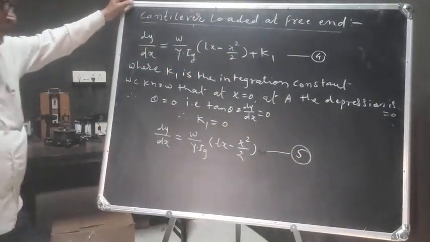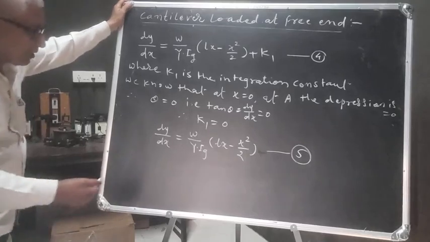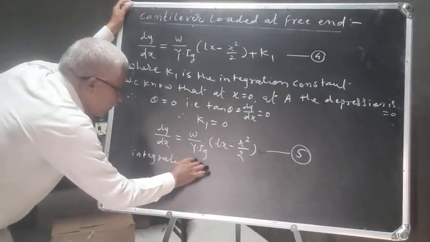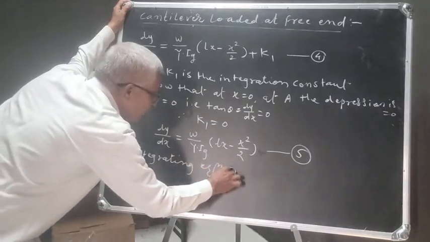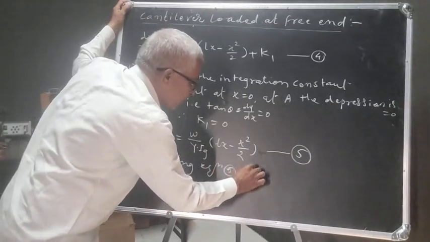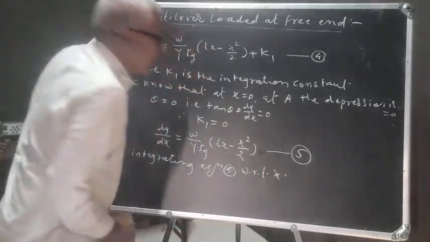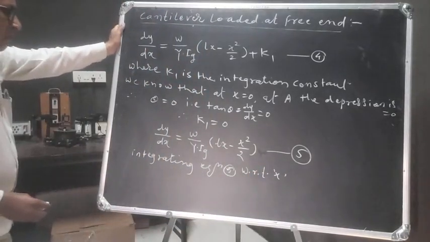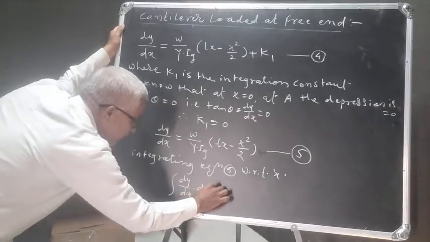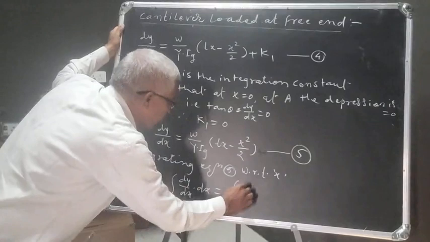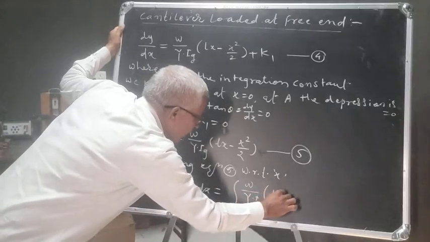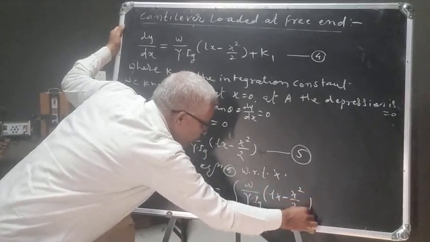Now integrating equation number 5 once again with respect to x, we take the integration of dy by dx into dx equals the integration of W upon Y into Iz, into (Lx minus x square by 2).